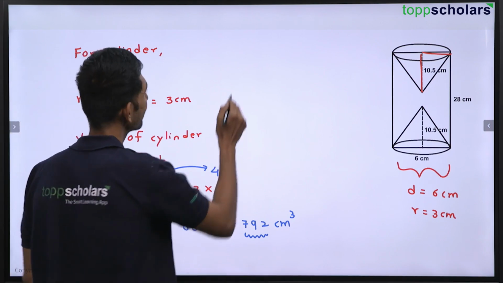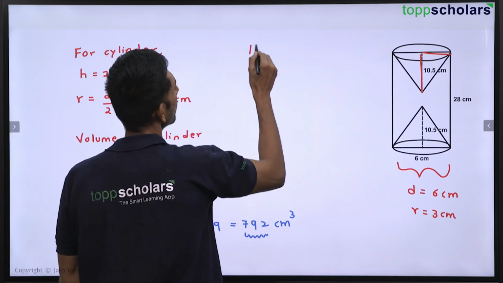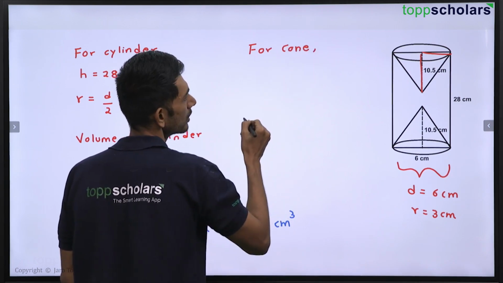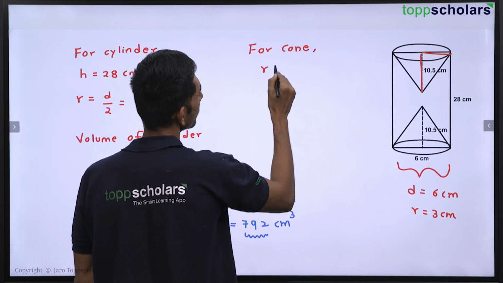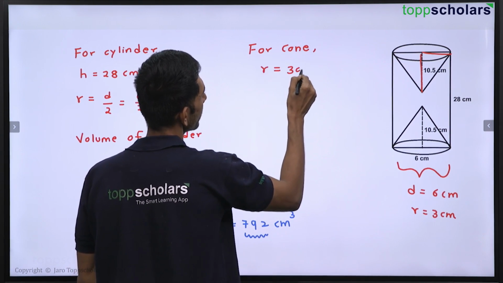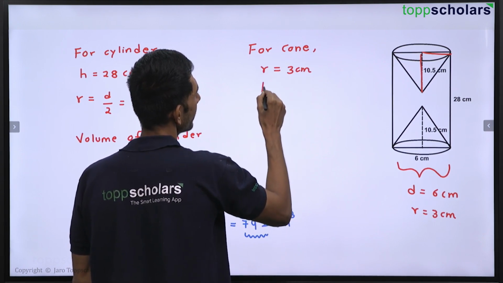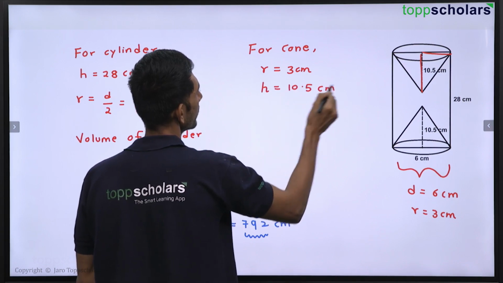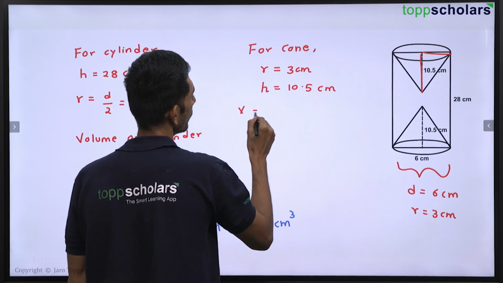Now we can say for cone, what is the radius? The radius is 3 centimeter. What is the height? The height is 10.5 centimeter. So what will be the volume?